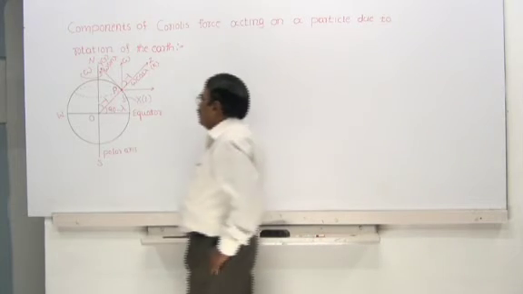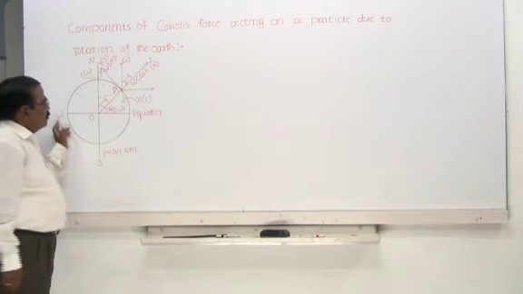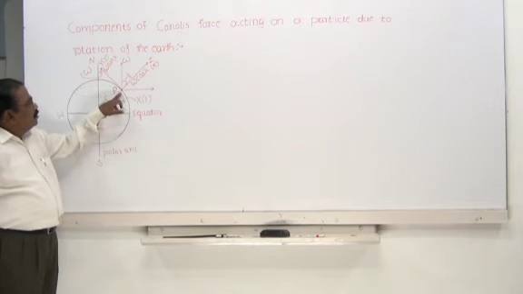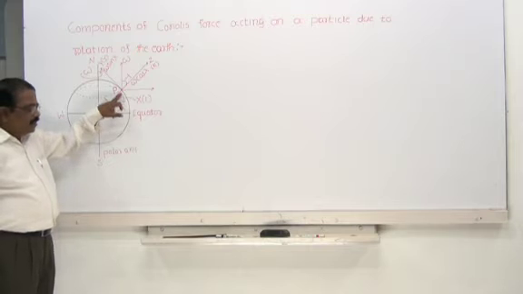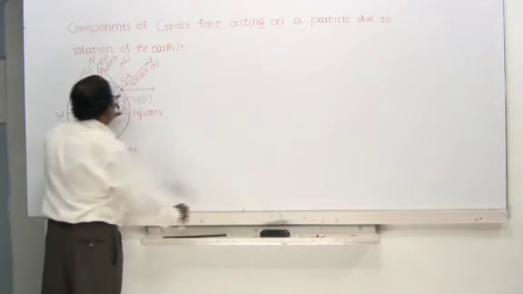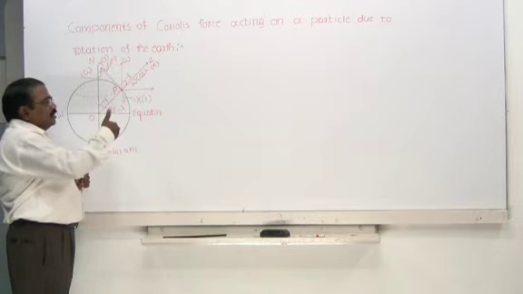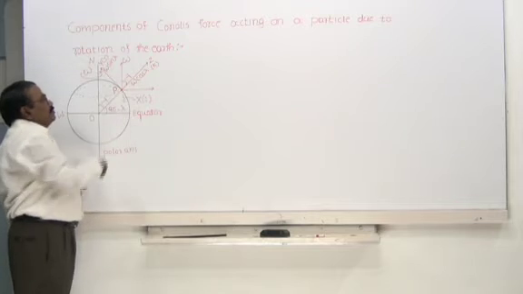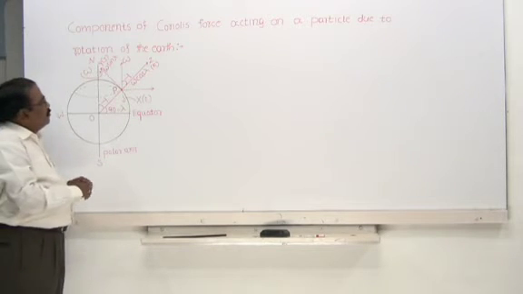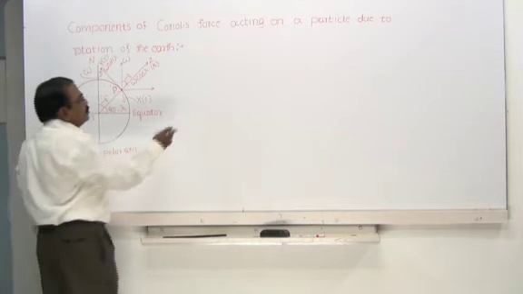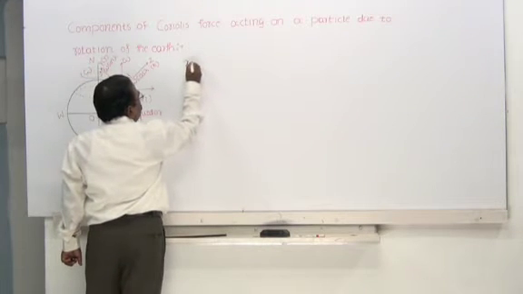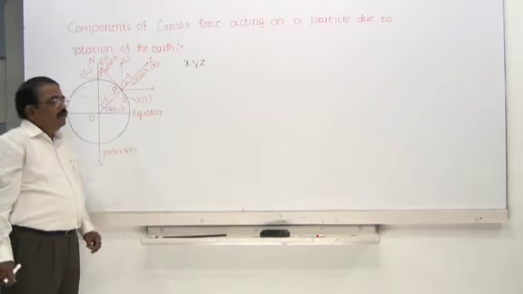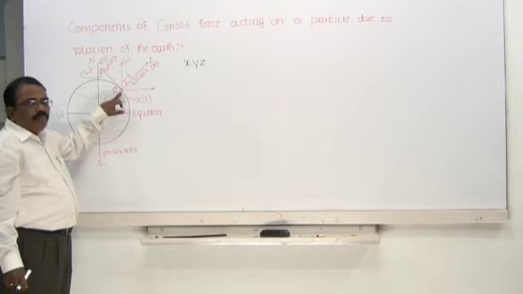See, Earth rotates from west to east. Let P be the position of the particle, and according to the right hand rule, this is the direction of omega. Let x, y, z be the axes rigidly fixed to the particle.